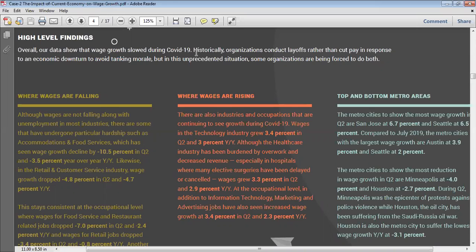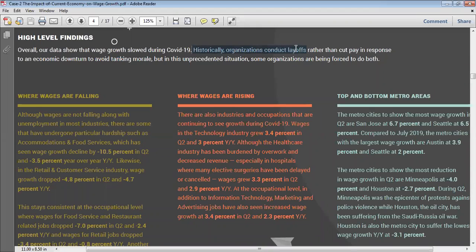That is how the salary grows. That annual increment is added to the base pay or basic salary, and the total allowances are calculated on it, thereby increasing the overall monthly salary. So overall our data show that wage growth slowed during COVID-19.